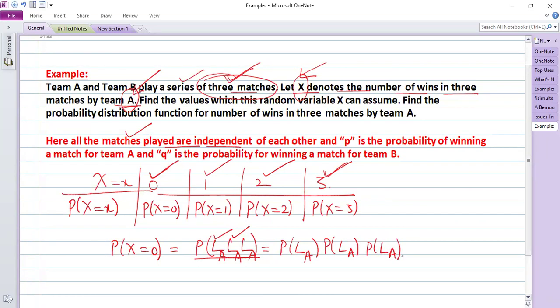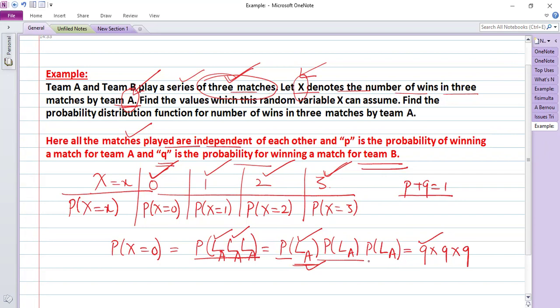This is nothing but Q into Q into Q. Because what is the probability that Team A loses the match? It is Q, because if Team A is losing the match, then obviously Team B is winning, and the probability of Team B winning is Q. Naturally P plus Q is 1.